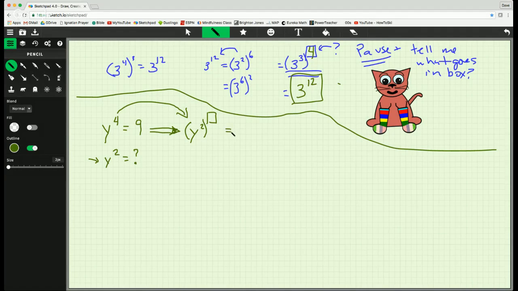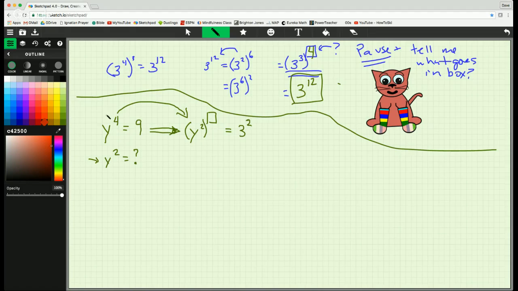And on the right side, we know that 9 is equal to 3 squared. Okay, stay with me. If this doesn't make sense where we're going, just stay with me. So y squared to some power equals 3 squared, because I know that y to the fourth is going to equal this thing. And we're going to try to make 9. We know that 9 is equal to 3 squared. So pause and see if you can fill in this box.